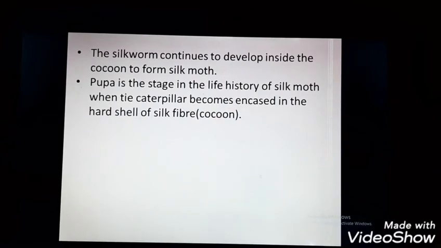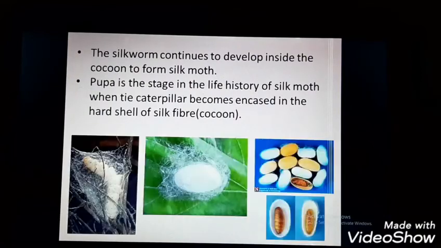Pupa is the stage in the life history of silk moth when the caterpillar becomes encased in the hard shell of silk fibers. So pupa is the stage where the silkworm has spun the cocoon and now the pupa is encased inside the hard shell of silk fiber, which we generally call cocoon.